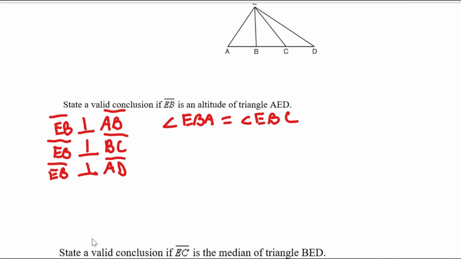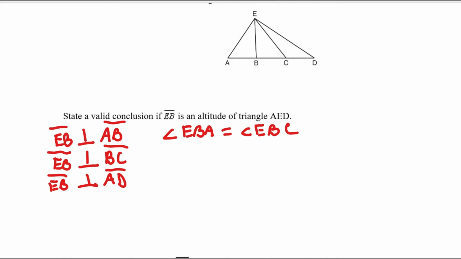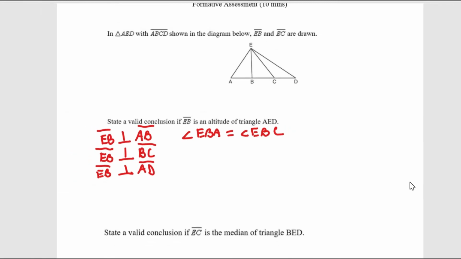All right, so it says, state the valid conclusion if EC is the median of triangle BED. All right, so let's scroll up a little bit. I'm going to zoom out a little bit so we can see the whole thing.